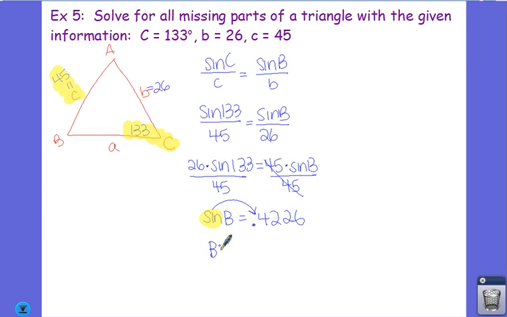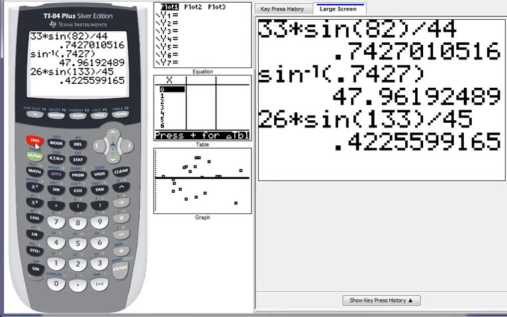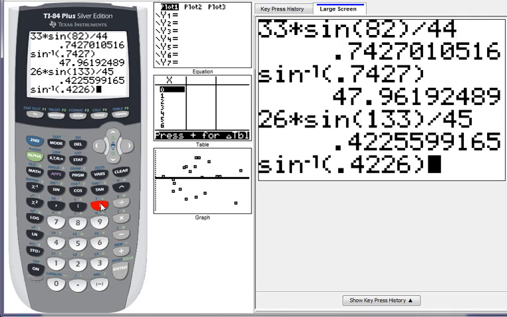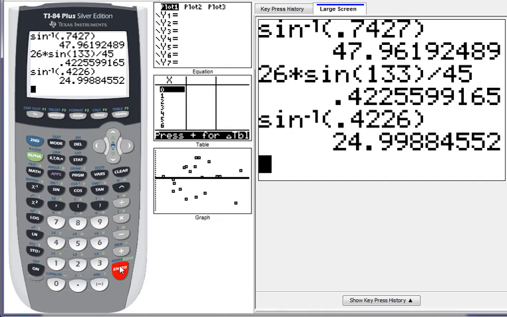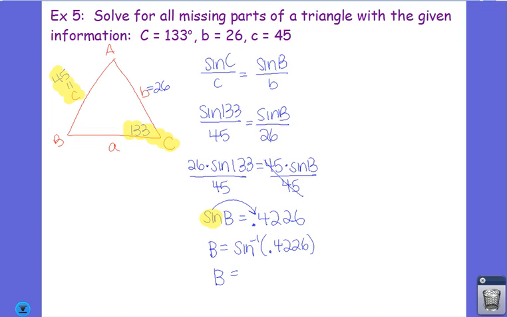So b equals inverse sine of 0.4226. So let's come over here. Second sine 0.4226. And this rounds up to 25. So we got 25 degrees going in angle B.